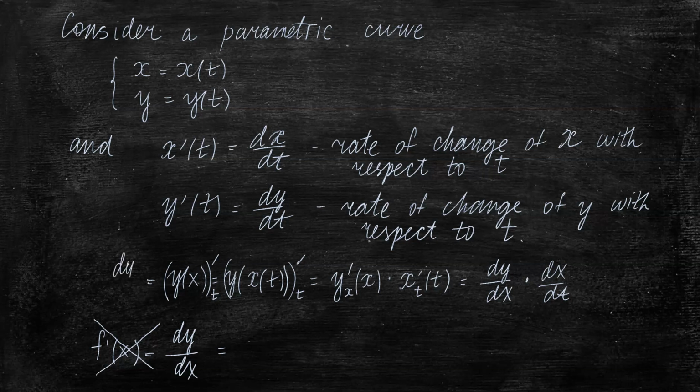So here's what we get. We are looking for dy dt, and according to the chain rule, it is equal to this. Now, all we have to do is isolate this expression, and we end up with the desired formula. So dy dx can be expressed as dy dt over dx dt, where y and x are as given in the parametric equations.